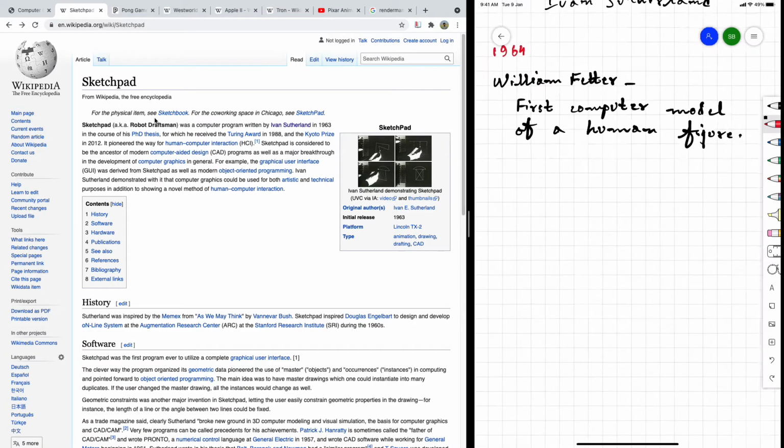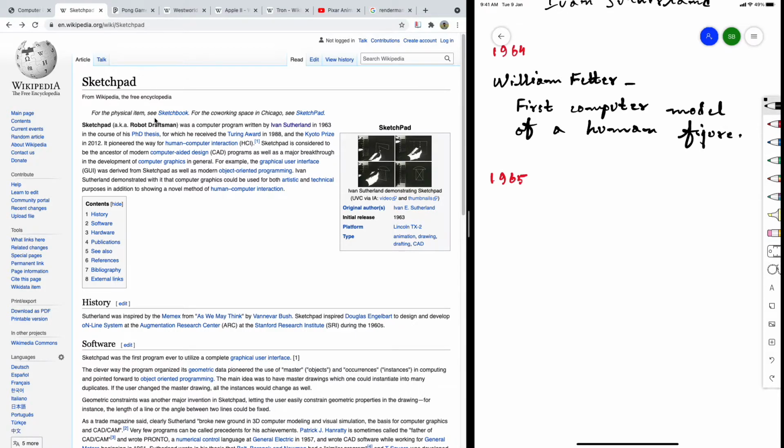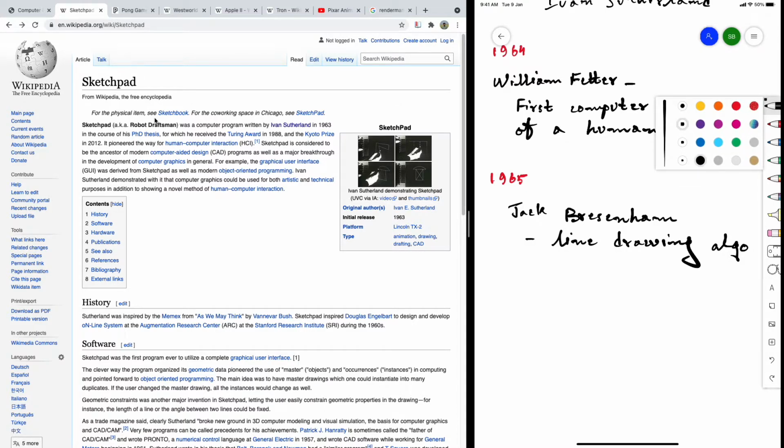Then in 1965, Jack Bressenham released his line drawing algorithm, and this is one of the very famous line drawing algorithms which we will study in later chapters. So you will encounter this Bressenham algorithm many times in this course.